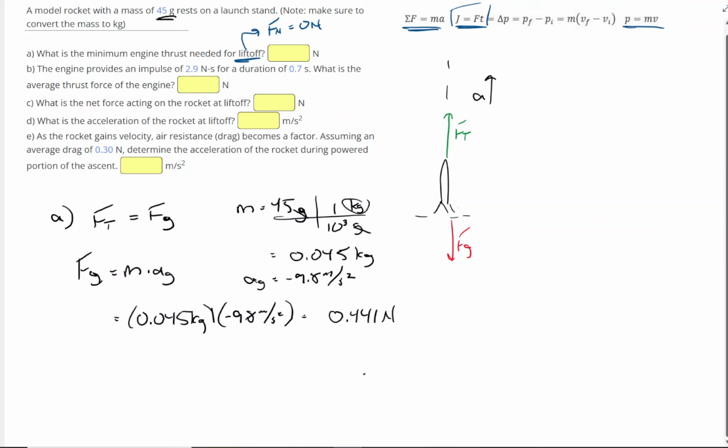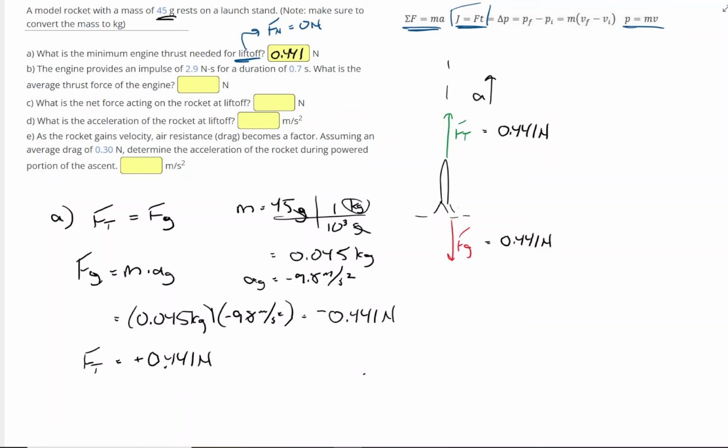That is in the downward direction. And if gravity is 0.441 newtons down, then the thrust better be 0.441 newtons up. So I know that the thrust force, or the applied force of the engine, has got to be upward at 0.441 newtons.